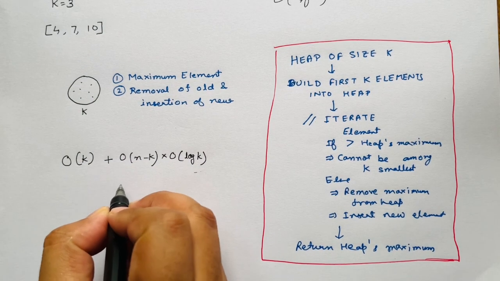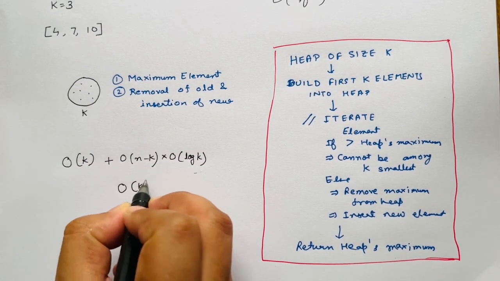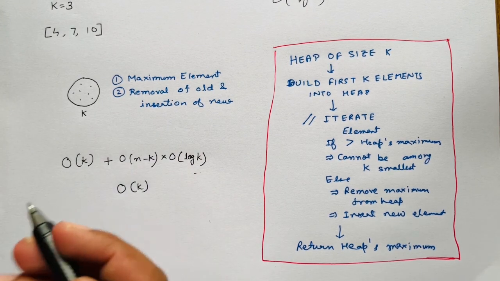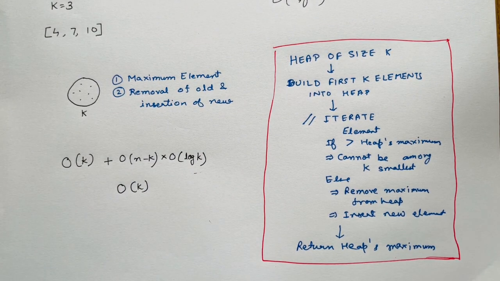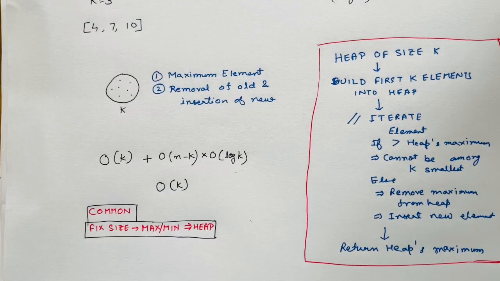And the space complexity will be big O of k, because we are using a heap to store the k elements. This is a very common technique: if we have a fixed size data collection and we have to track the maximum or minimum, which can be updated as we insert new elements, we can always use a heap.